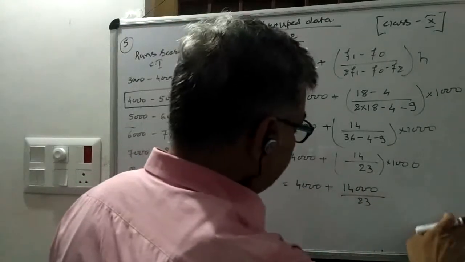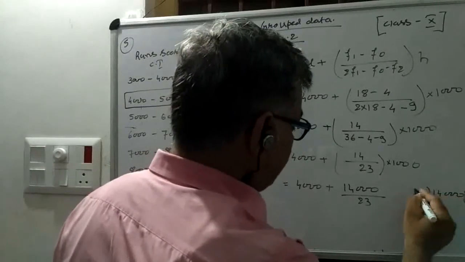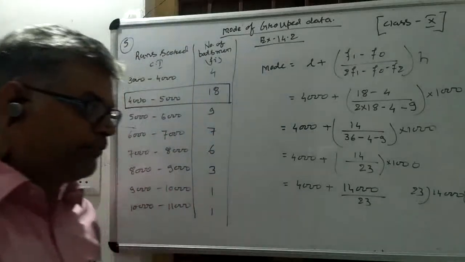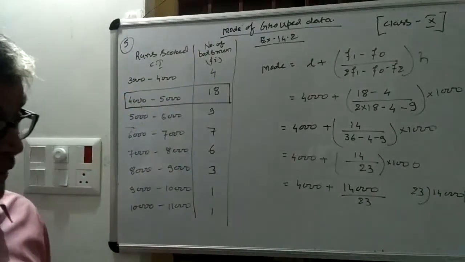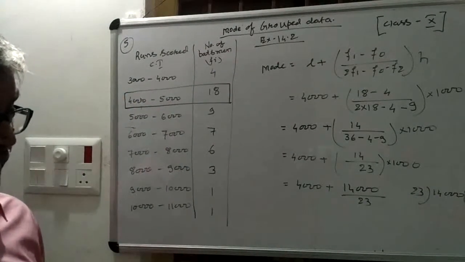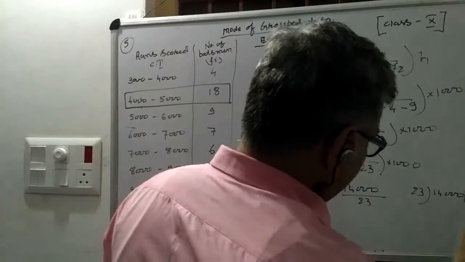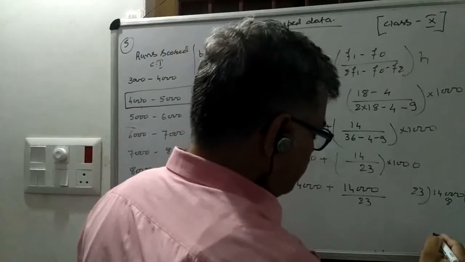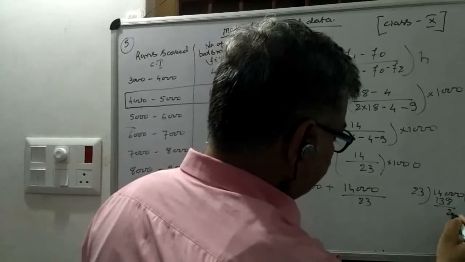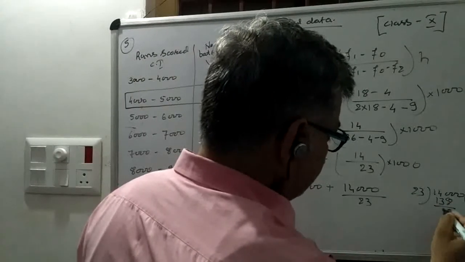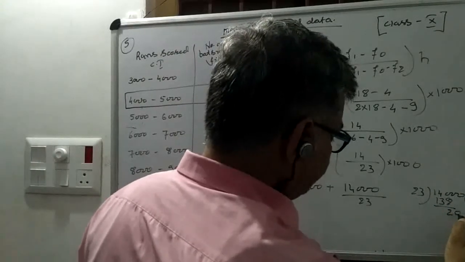Now divide 14,000 by 23. 23 goes 6 times, 138. Now subtract, borrow 0, so again it is 0 here.